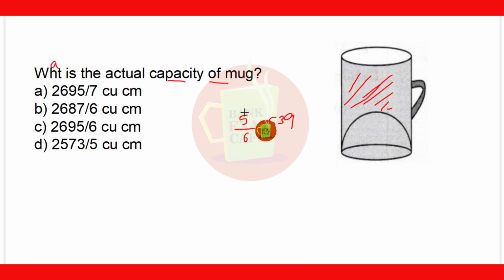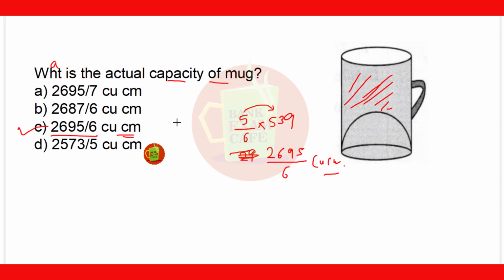And therefore it will be multiplied by 5 to this 539, that you will get as 2695/6 cubic centimeter. So the actual volume of the mug will be 2695/6, and therefore this C option will be the correct option.